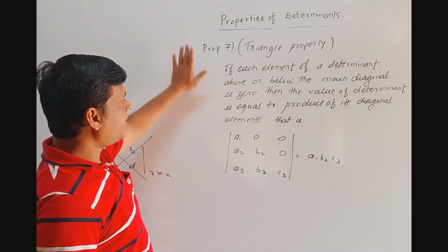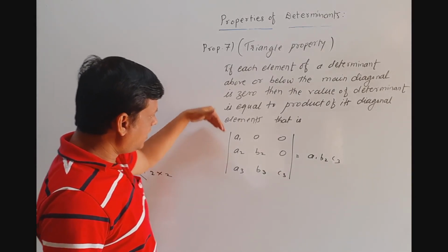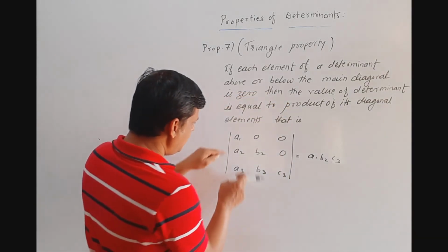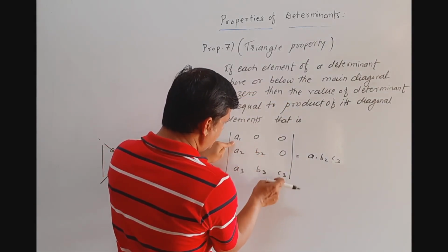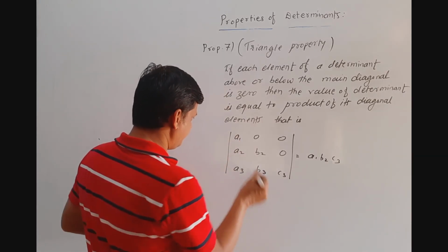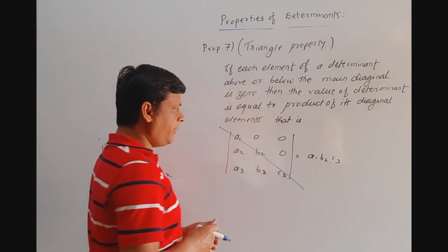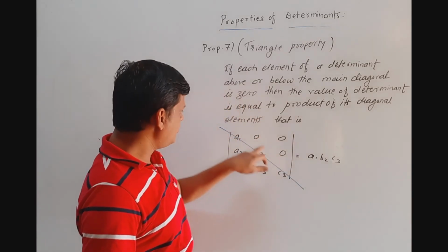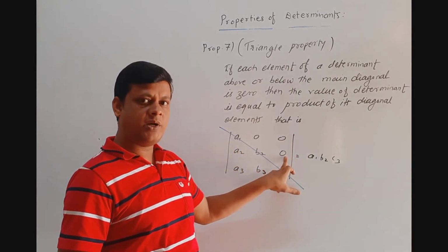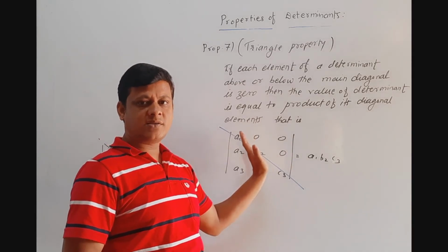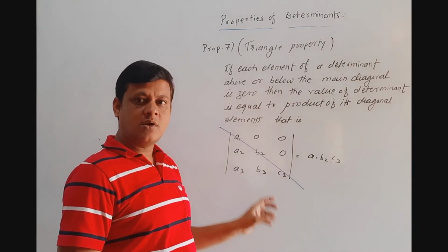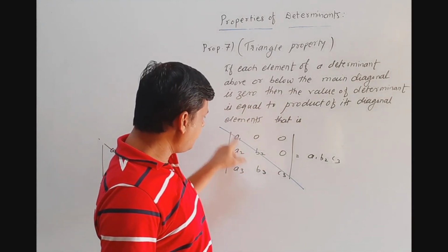Here this property states that if the elements above any diagonal, so here we consider this A1, B2, C3 as diagonal, then each element above the diagonal, so see here, this element is 0, this element is 0, this element is 0. That means all the elements above the diagonal are 0. Then the value of this determinant is product of the elements of this diagonal.